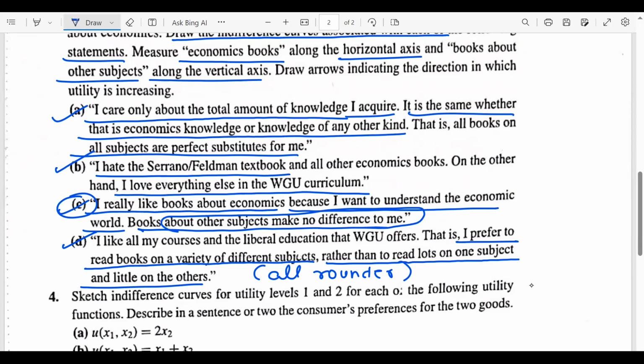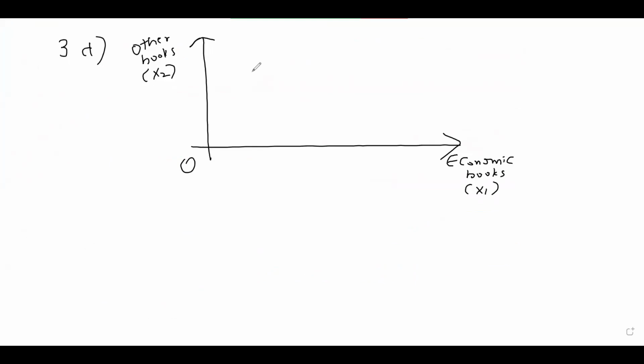So this is one extreme, call it point A, where the student is reading very little economic books but too much of other books. This is another extreme, which is where you love economics too much as compared to other books. The student does not want to be at these extremes. The student wants to be somewhere in the average.